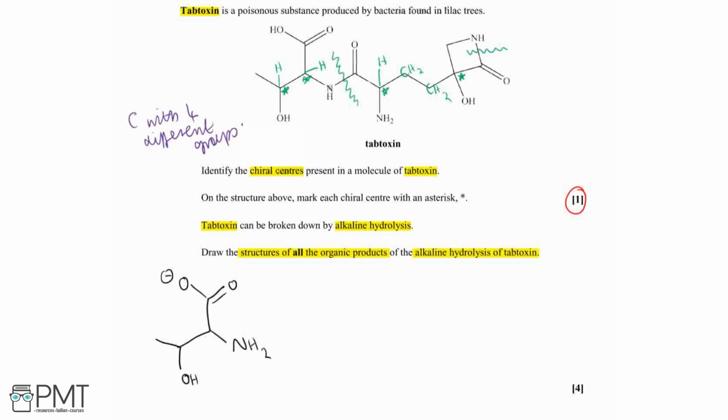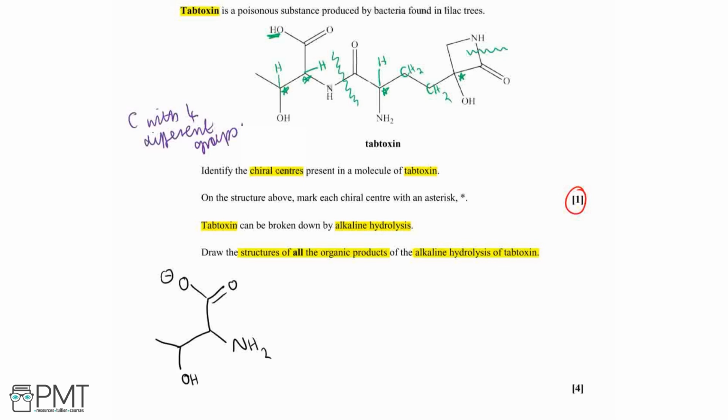The reason is that we've got our acid group, and this proton is donatable. Because we've got the alkaline hydrolysis, the alkali, a hydroxide ion is going to pinch this hydrogen. Therefore, we're going to form a negative ion, which will be some sort of salt overall. We've not been given the specific alkali, so it's okay to leave it as a negative ion. So that's going to be our first product.